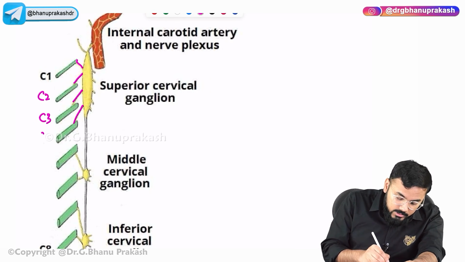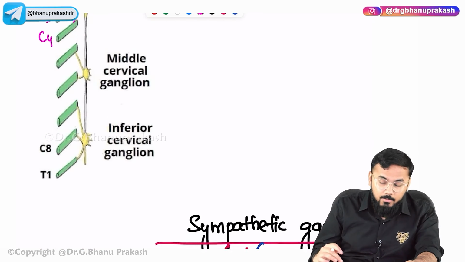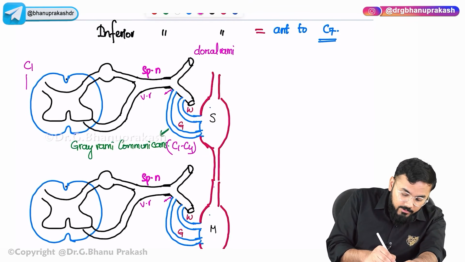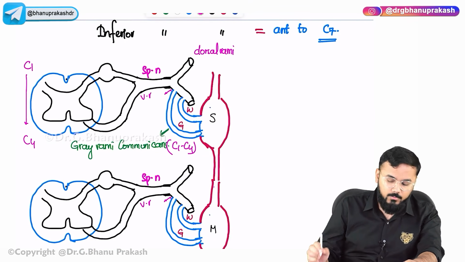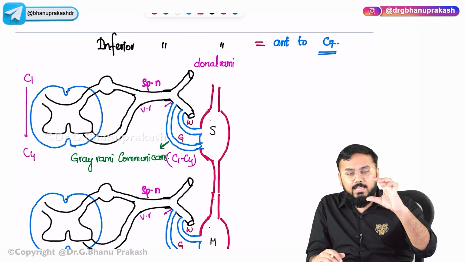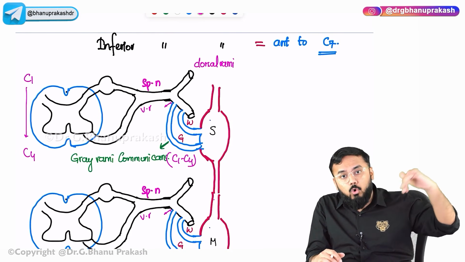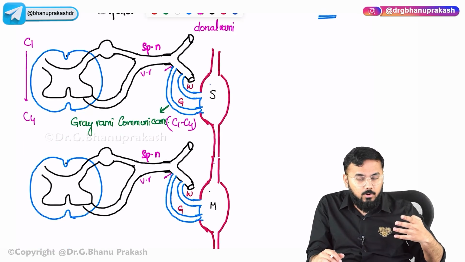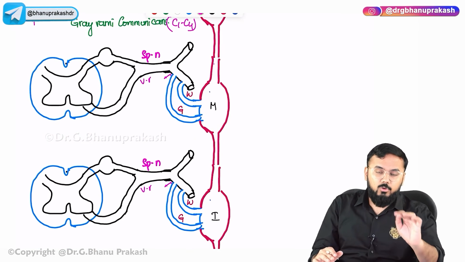C1, C2, C3 and C4. But I have drawn only one segment showing you all the way from C1 till C4. I hope you understood now. So each cervical ganglia will give branches that will cover different segments of the spinal cord. Now coming to the middle one.